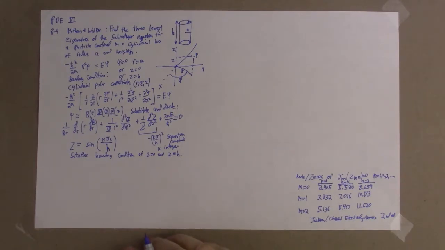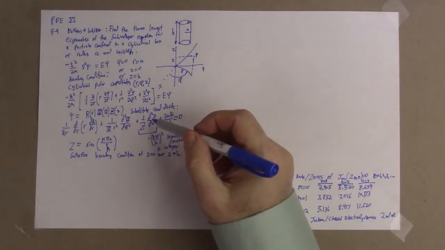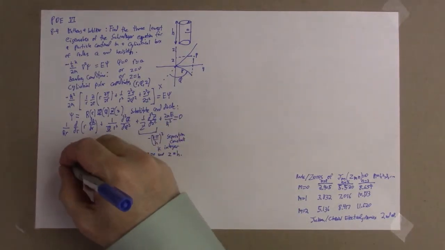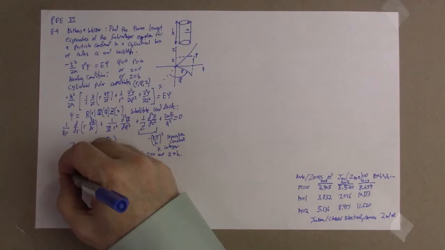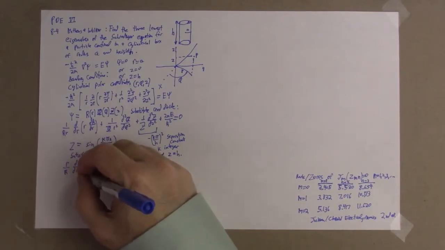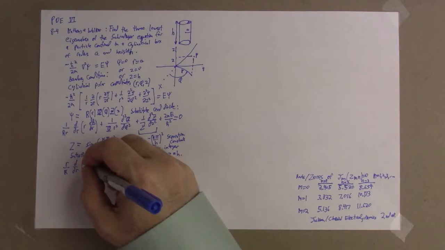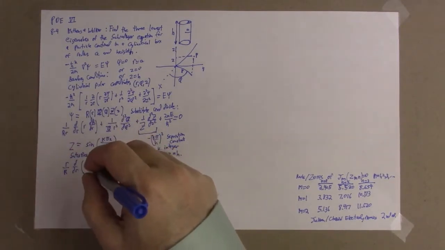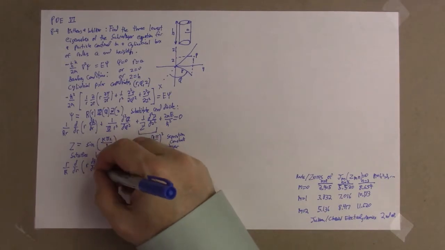Now we substitute this into there, and we're going to end up getting, I'll check this after I write it down. Obviously, I multiply by r squared.